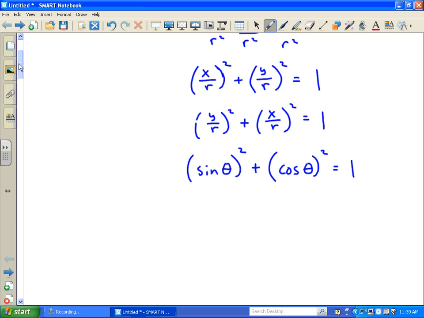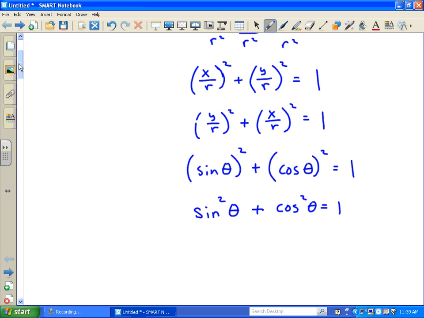Now, in trig, instead of combining a trig function together using parentheses and squaring that, what we do is we write the square directly after the sine but before the theta. So in other words, sine quantity squared is the same thing as sine squared of theta. And the same thing over here for cosine.